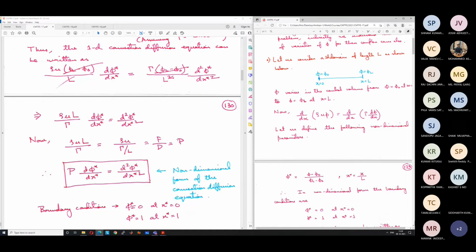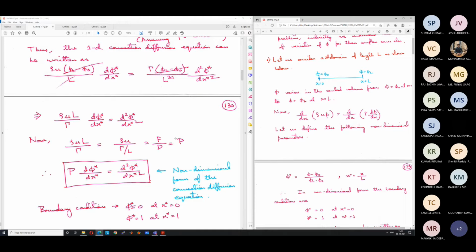Peclet number P. So Peclet number, what is the physical significance? It gives us the ratio of the advective strength to the diffusive strength. If Peclet number is very high, it means that diffusive strength is less, advective strength is high. If Peclet number is small, it means that diffusive strength is high, advective strength is small.